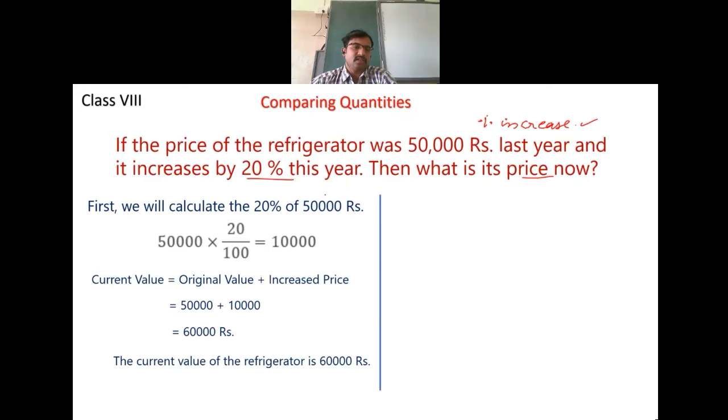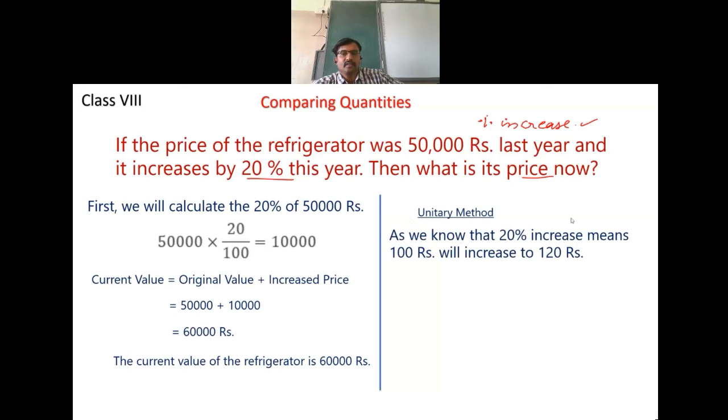Now we will take up the unitary method to solve the same question. 20% increase means for every 100 there is an increase of 20 rupees. If 100 is the total amount, the increase will be 120.